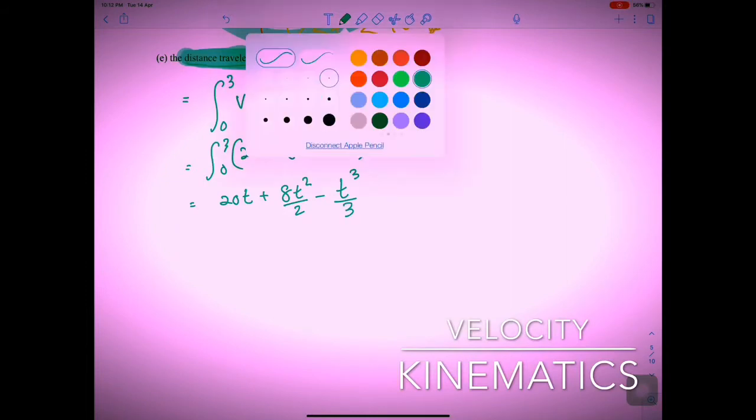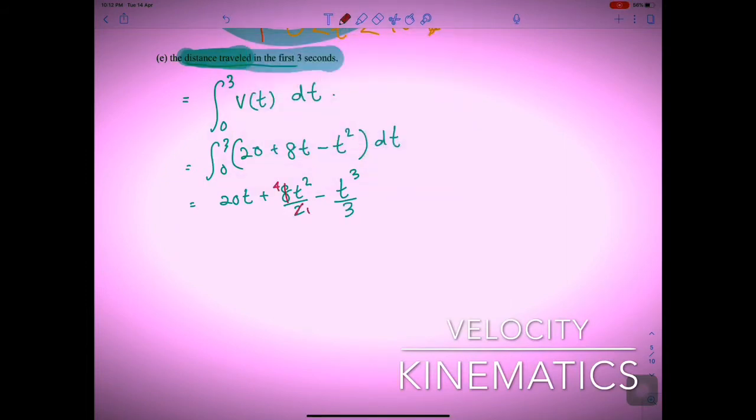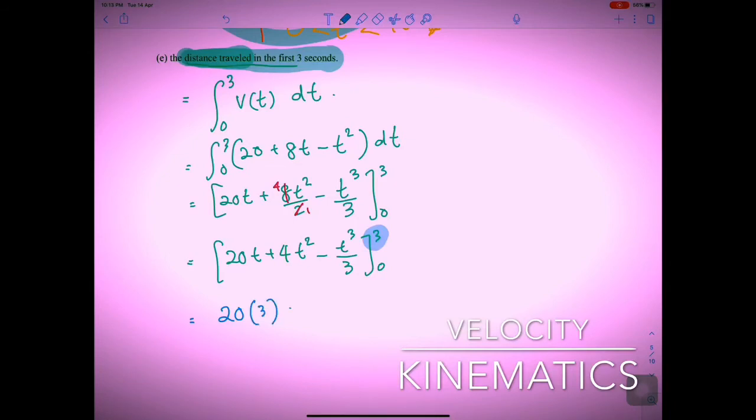You can simplify this to 20t plus 4t squared minus t cubed over 3, for limits 0 to 3. So for the limit 3, we get 20 times 3 plus 4 times 3 squared minus 3 cubed over 3.